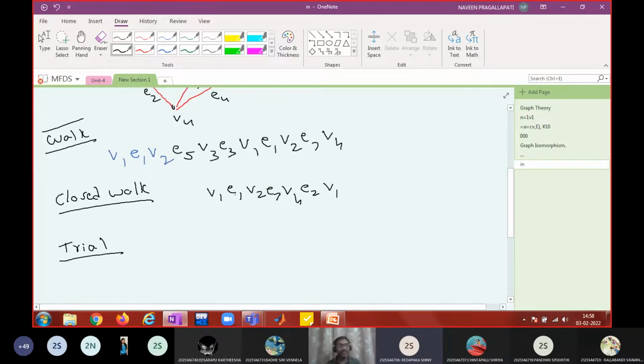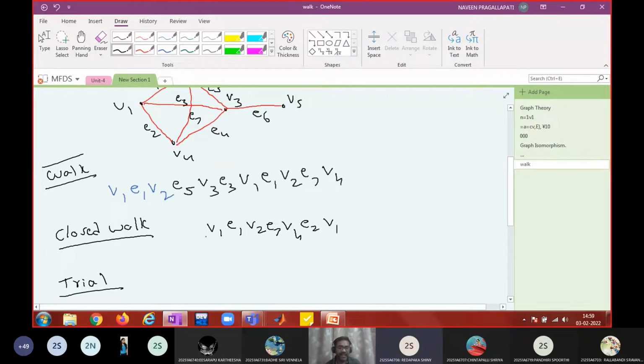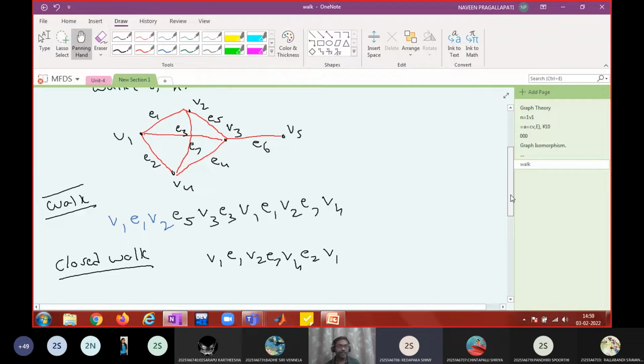Vertices may repeat, but the edges must be different. Can this be called a trail? E1, E7, E2. All the edges are distinct in this walk, so this can be called a trail. In fact, it can be called a closed trail because the initial vertex is equal to the terminal vertex.